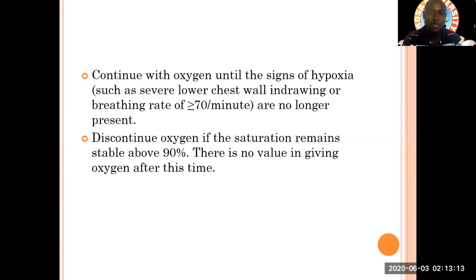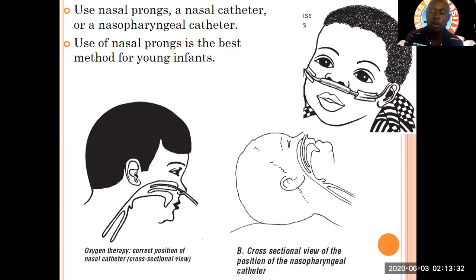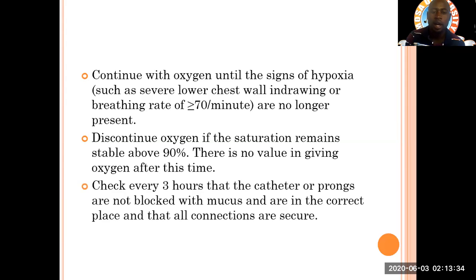We know that these patients now are stabilizing. You discontinue the oxygen if the saturation remains stable and above 90%. So we do close monitoring for 3 hours.